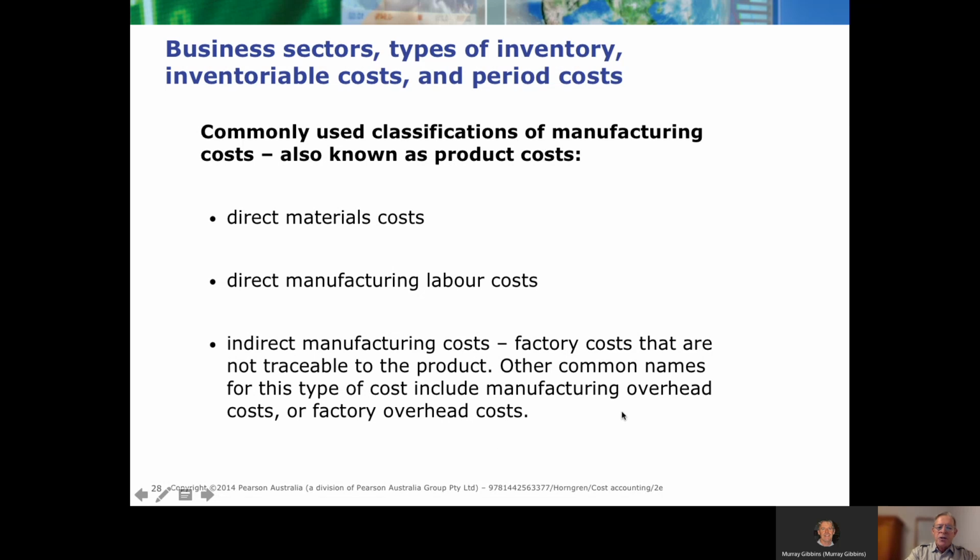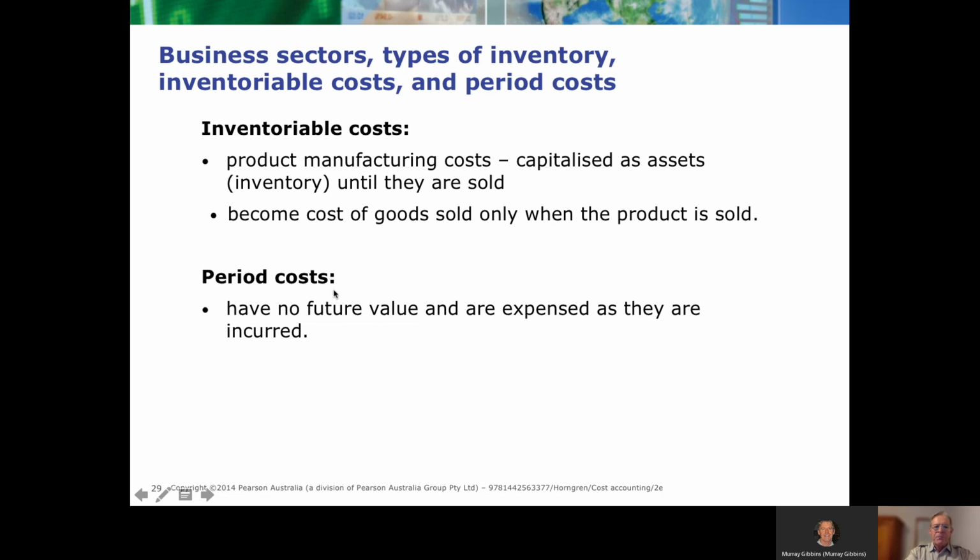They get tracked and traced and attached to the product. And it's not until they're sold that they become cost of goods sold and charged against the revenue, matched against the revenue for the period. Period costs can't be carried forward into the future. They're written off. So your normal operating expenses down in your revenue statement are period costs.